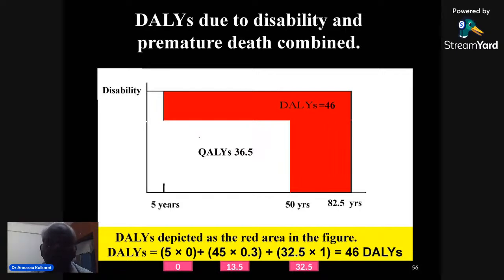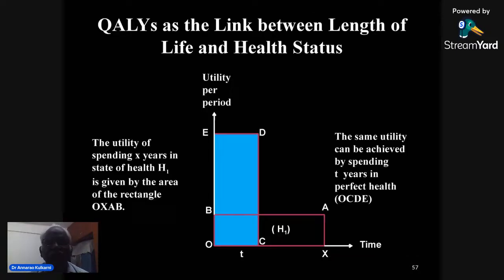For 45 years he lives with a disability with a weight of 0.3, that means 13.5 DALYs, and he dies at the age of 50 years, that means 32.5 years earlier. So combined, he has 46 DALYs, that is, he has lost 46 years when we adjust for disability, morbidity and early mortality, whereas he has lived only 36.5 years of perfect health. So that is how DALYs and QALYs are used.